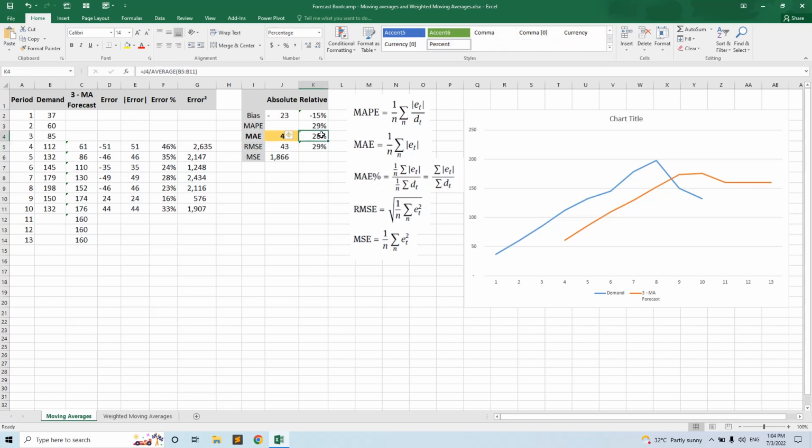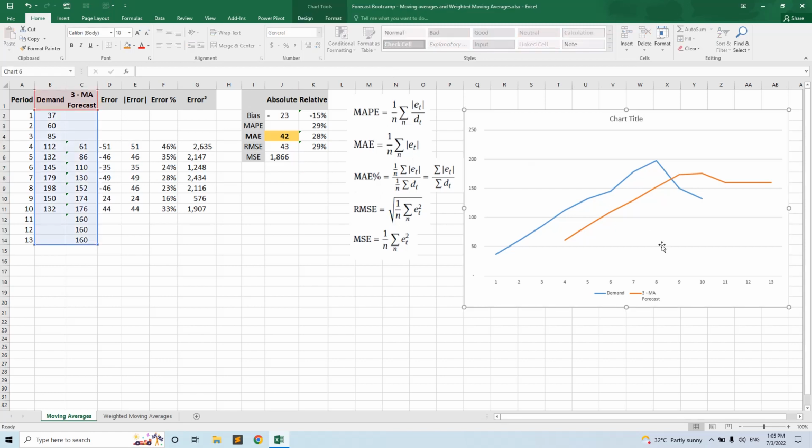Also we have the relative one divided by the average of the demand. We have also the root mean squared error, and the relative one, and the last one, the mean squared error, the average of the squared error. Here you have the mathematical formulas, and here you have the graph.